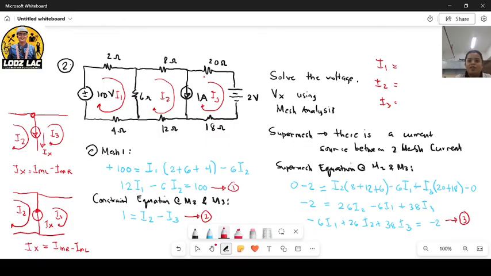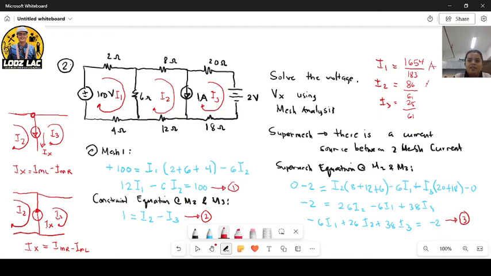So therefore, I1 is 1654 over 183. Then for the I2 is 86 over 61. And finally, I3 is 25 over 61 ampere.